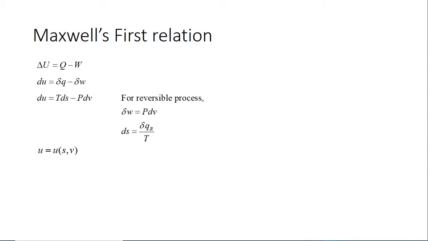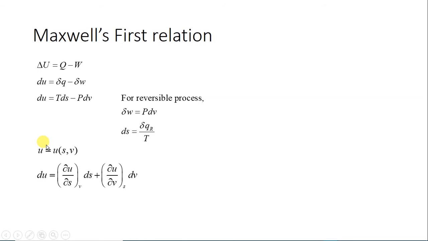Now, as we have seen in the previous slide on the partial differentiation concept, I can write that internal energy is a function of two other properties, entropy and specific volume. So specific internal energy is a function of specific entropy and specific volume. Now differentiate this, what will you get, du.